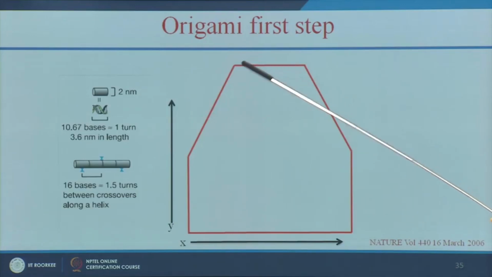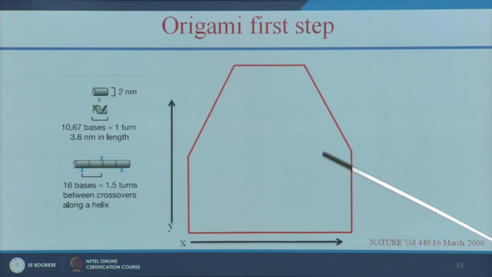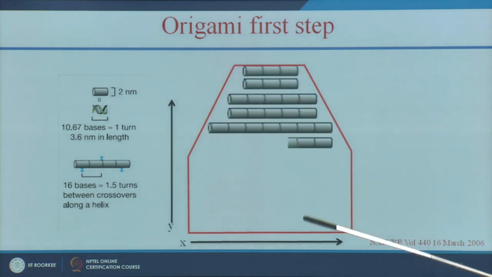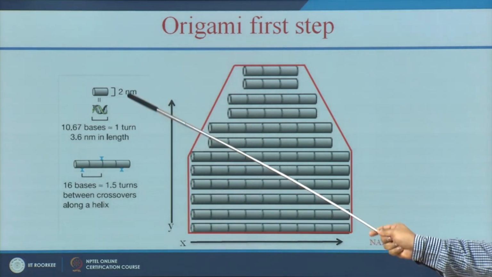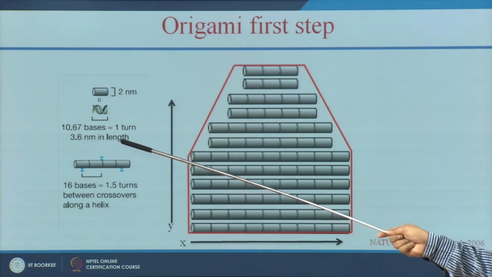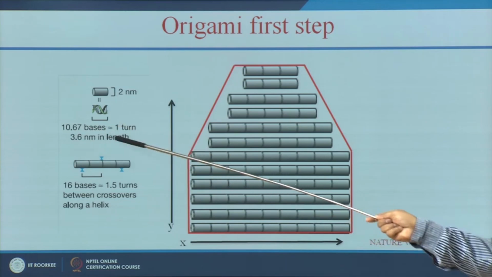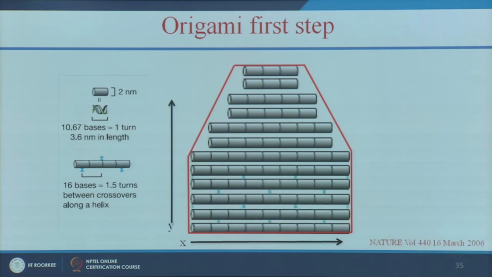So, if you want to make this smiley, the first step is you should have a plan for how to make this smiley structure. Here you can see that DNA is 2 nanometer in diameter and the length is 3.6 nanometer for each helix turn. This is your first step, to understand how many staple strands you need to connect the genome to make the smiley shape.